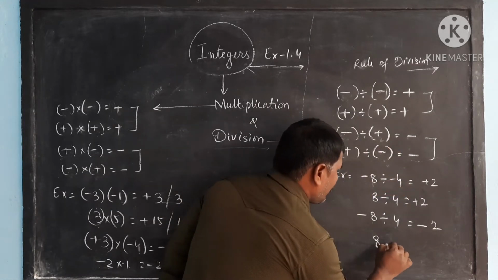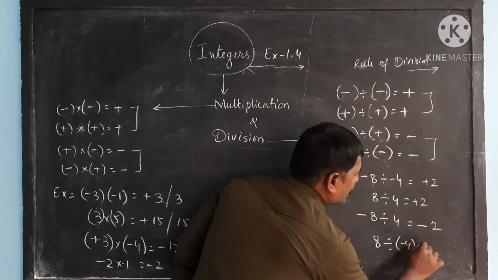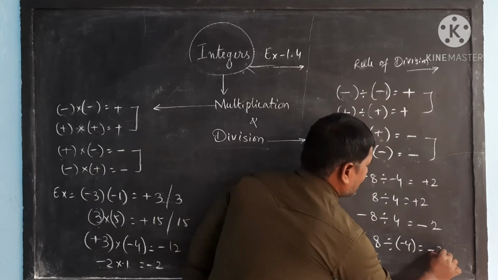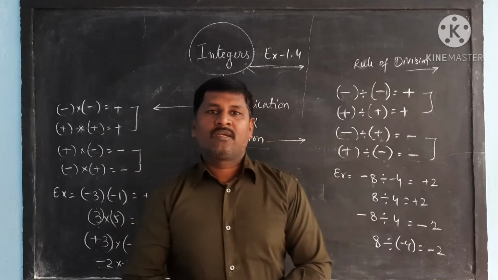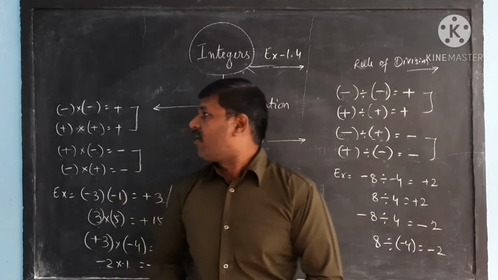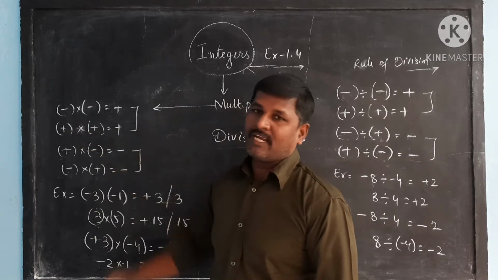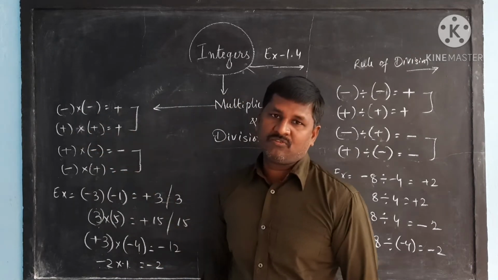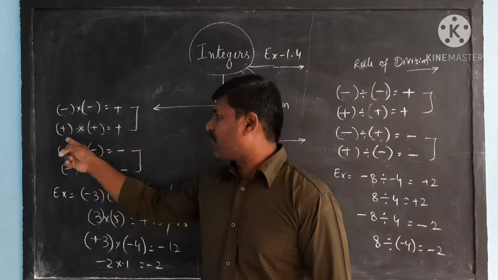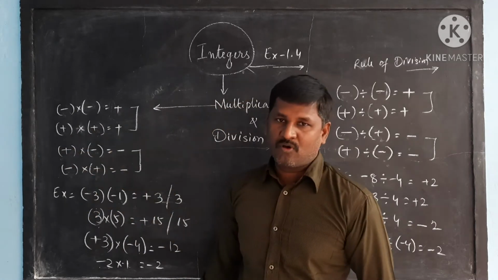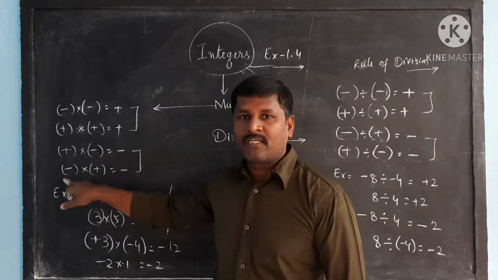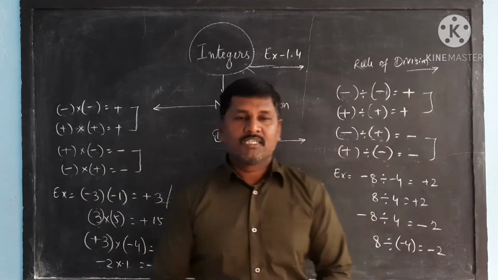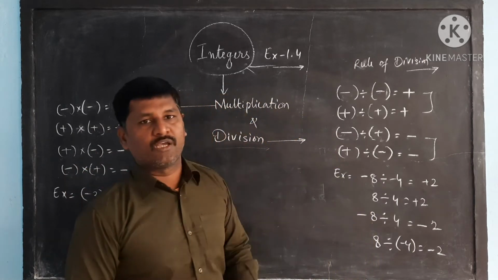Look here, 8 divided by minus 4, you get minus 2. So from this you can conclude that the product of two negative integers is positive, and the product of two positive integers is also positive. But the product of a positive and a negative integer is negative. Similarly, division also follows the same rules.